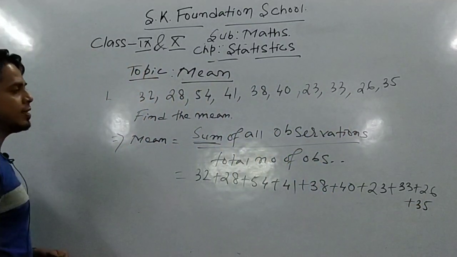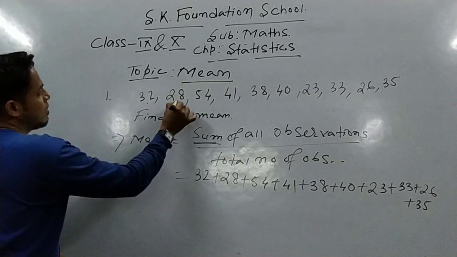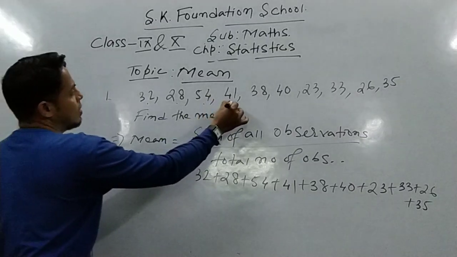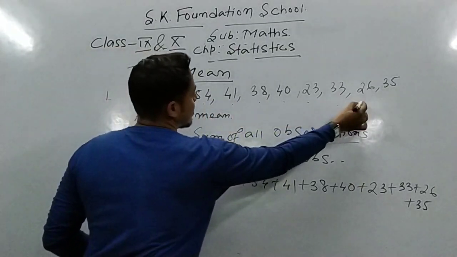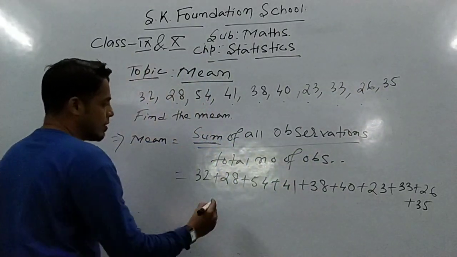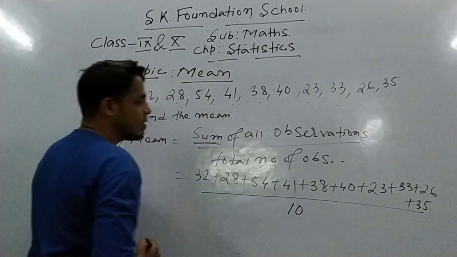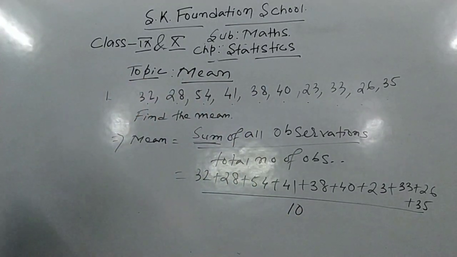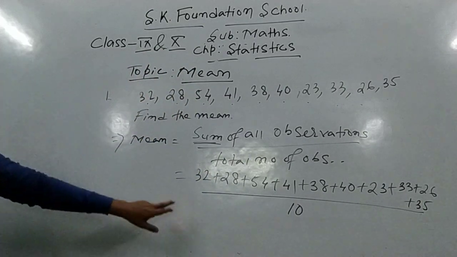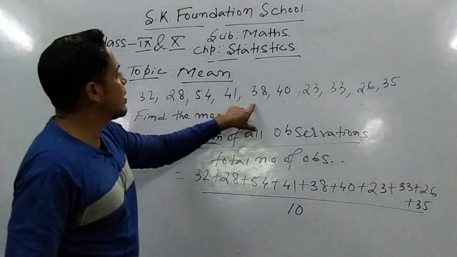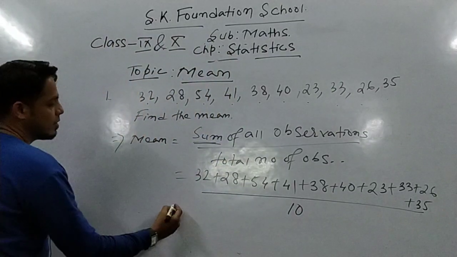So how many observations are there? 1, 2, 3, 4, 5, 6, 7, 8, 9, 10. That means divided by 10. Ten observations are there.